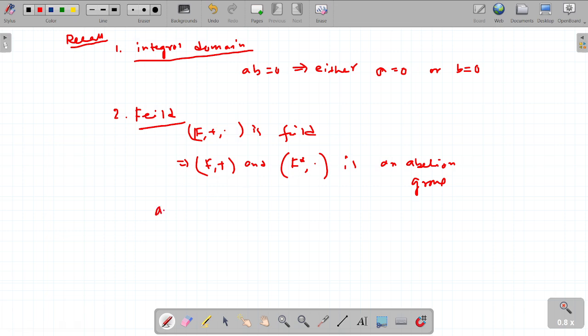And also, in a field, every non-zero element has a multiplicative inverse.